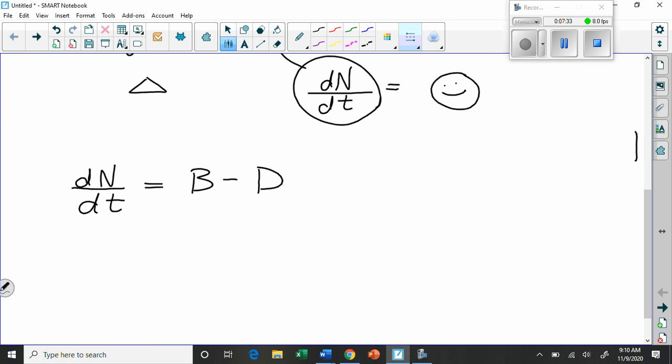Okay. Now, what we do is we define some other things. This big capital B would be the number that are being born in the entire population. As we said before, we don't measure stuff like that because it's too hard to go and count everything. So we tend to rely on the estimates that we've produced by sampling.